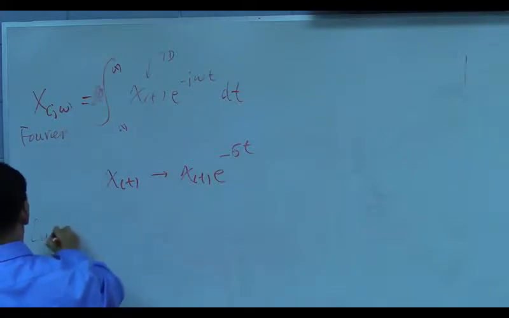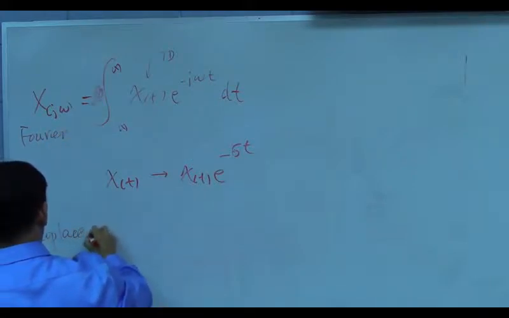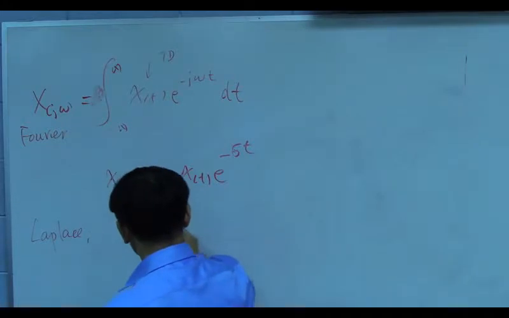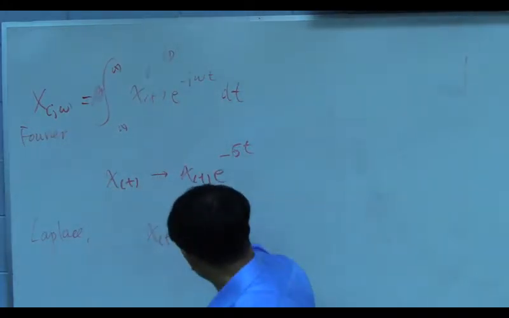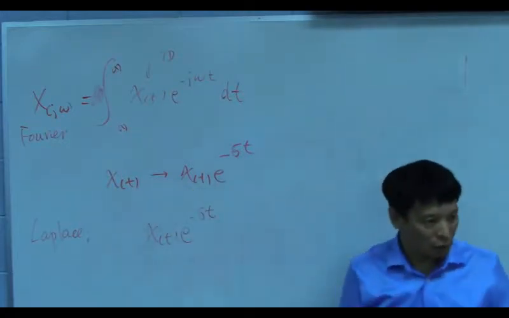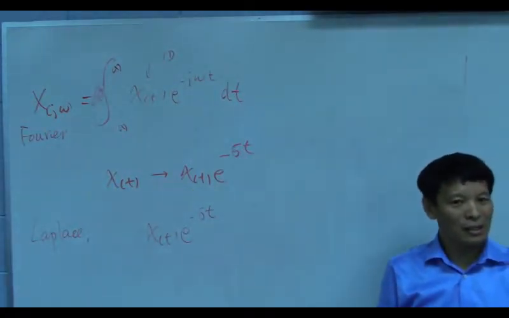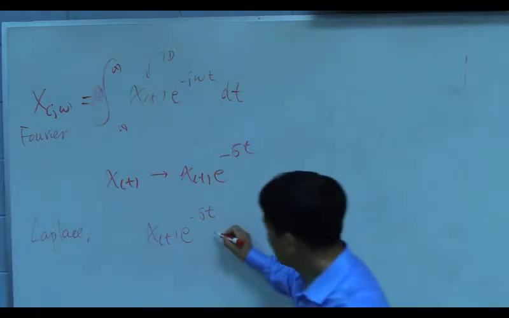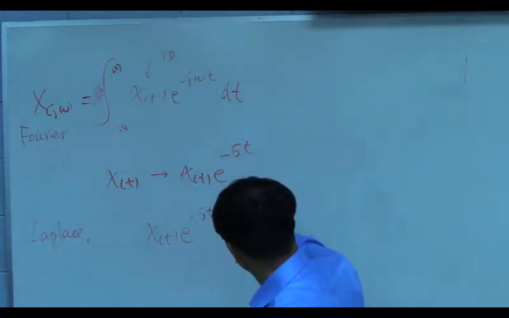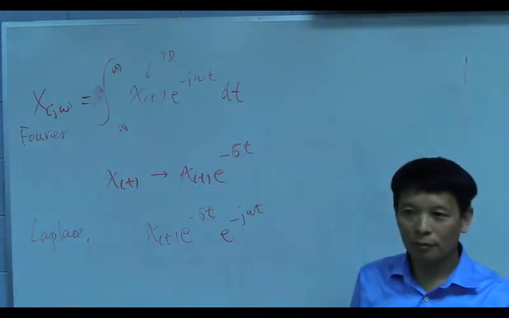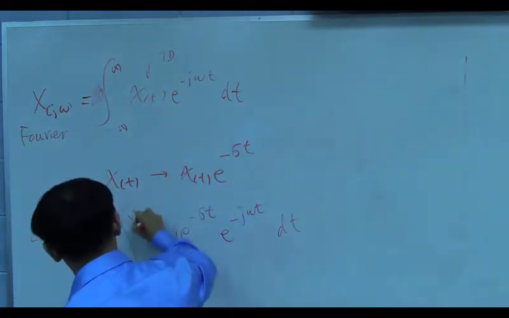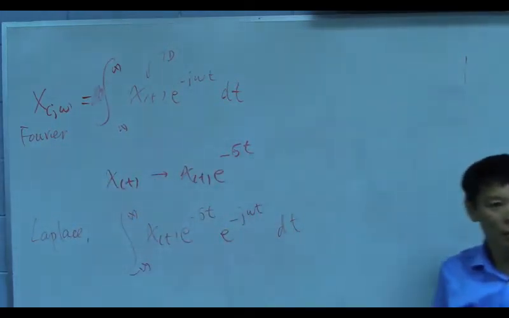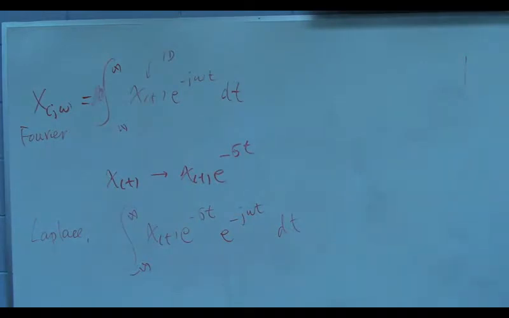And the Laplace transform is, you give me the signal, I multiply by e to the negative sigma t first to make it converge easily. Then do the transform, that means we do the integration from negative infinity to positive infinity. Does it make sense to you?